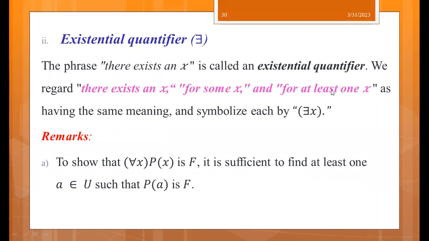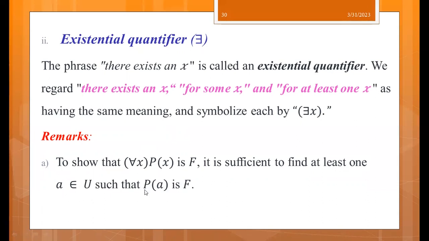If we see these remarks, we know that in order to show that the quantified open proposition, which is quantified by the universal quantifier, for every x P of x, is false, it is sufficient to find at least one element, simply a, within the universal set such that P of a is false. The element a is said to be a counterexample, that is, disproving by using a counterexample.